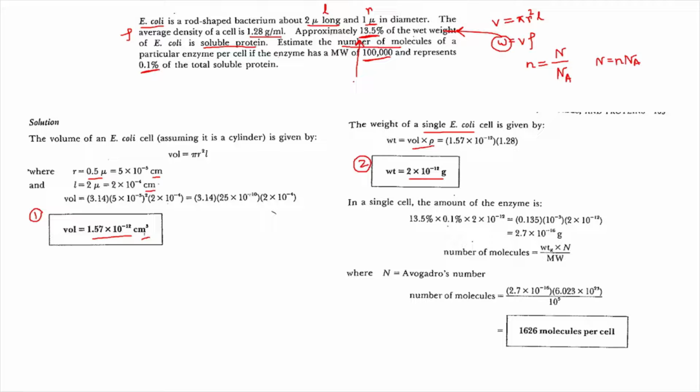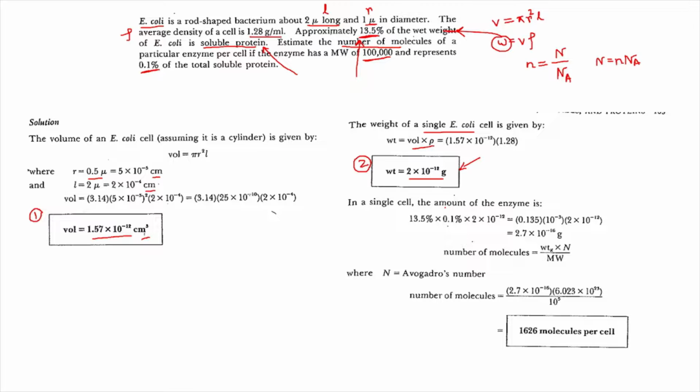13.5% of this total weight is the weight of this soluble protein. So that means you have to take 13.5% of this total weight, which will give you the weight of the soluble protein. Alright, and out of this 13.5% weight of the soluble protein, 0.1% of that 13.5% is the weight of the enzyme.